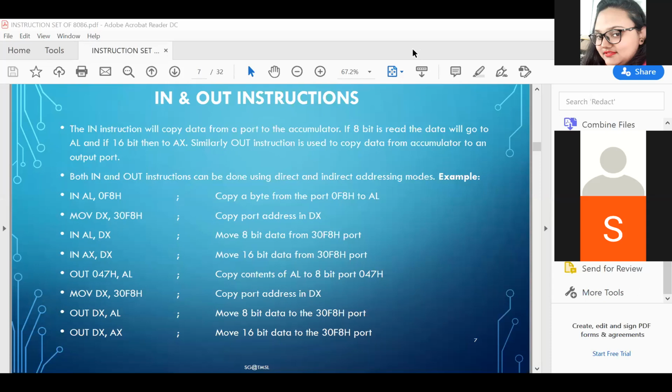So IN can be written in this way: IN AL, 0F8. This 0F8 is actually the address where the device is connected, because the microprocessor can identify which type of device is there, whether it's a light or fan or any LED or any 7-segment display.